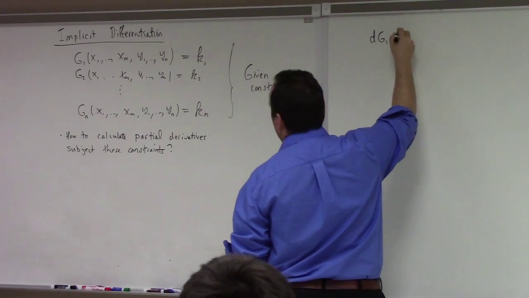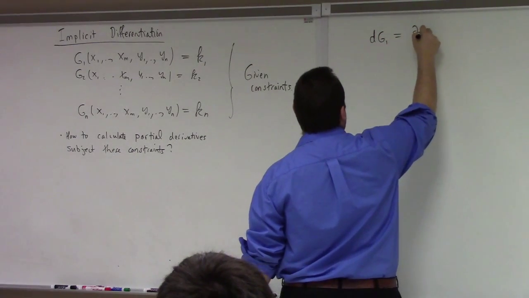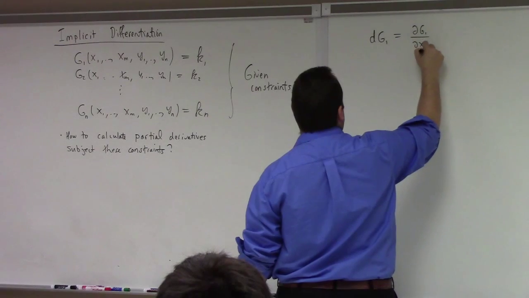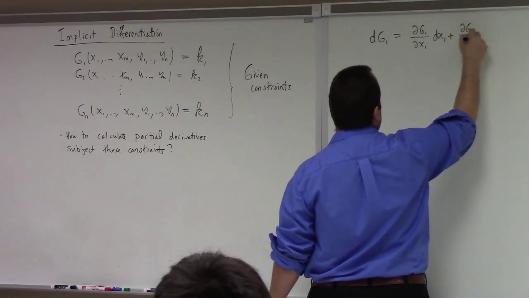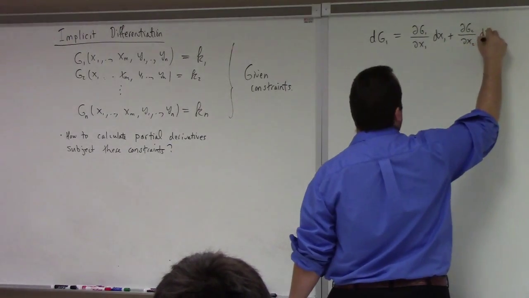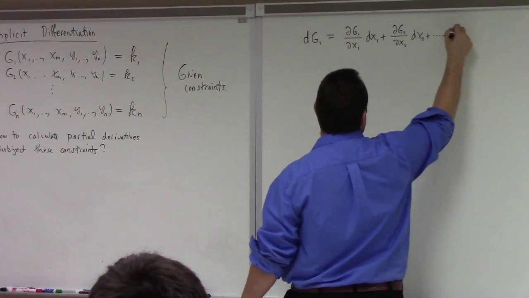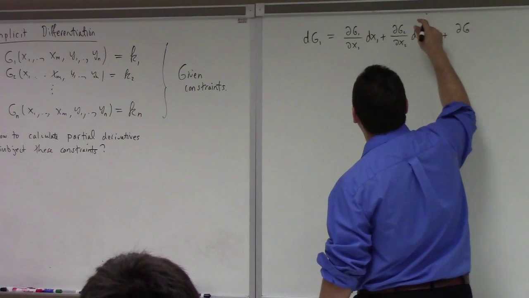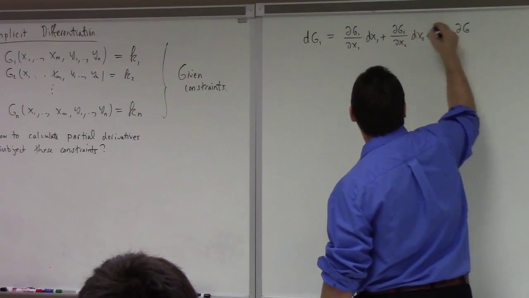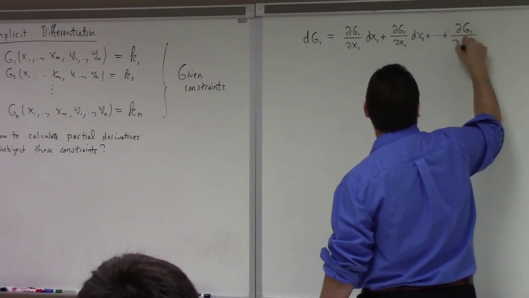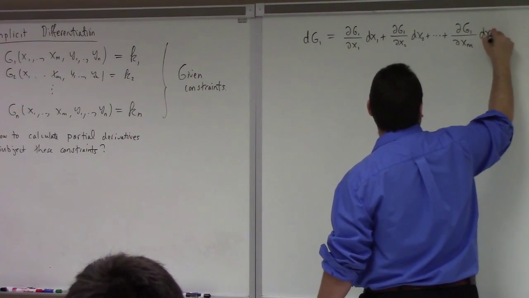So dg1 is what? It's partial g1, partial x1 dx1, plus partial g1, partial x2 dx2, plus partial g1, partial xm, dxm.